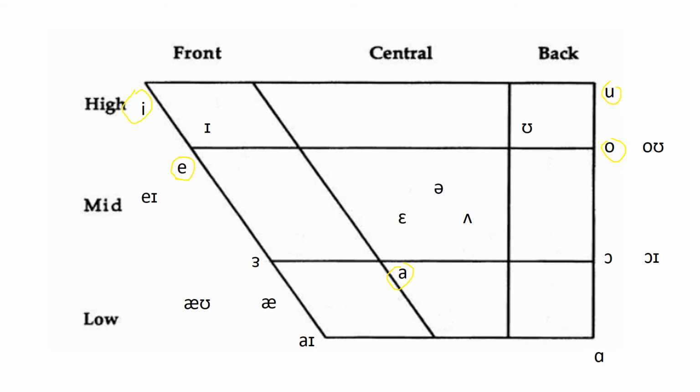So we have here in the mid part, actually closer to the lower part, the American E. For example, red, head, said. Now, following the mid part, closer to the American E, is the sound like in cat, bad, left.